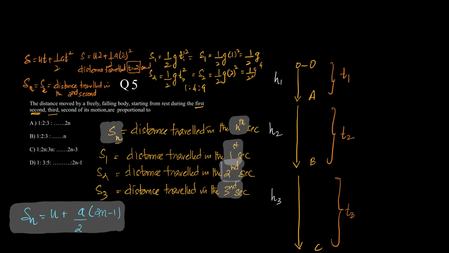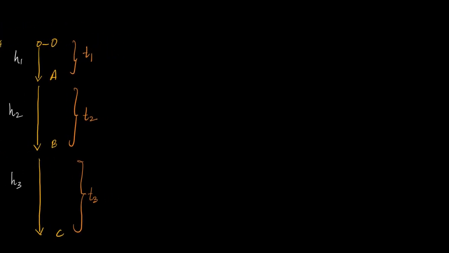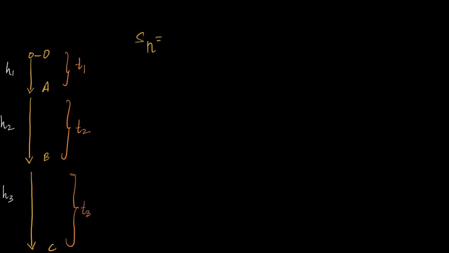Okay, now that we have discussed Sn is equal to u plus a by 2 into 2n minus 1, let me continue the problem here. To make the concept clear, we will rewrite the equation. Sn is equal to u plus a by 2 into 2n minus 1.